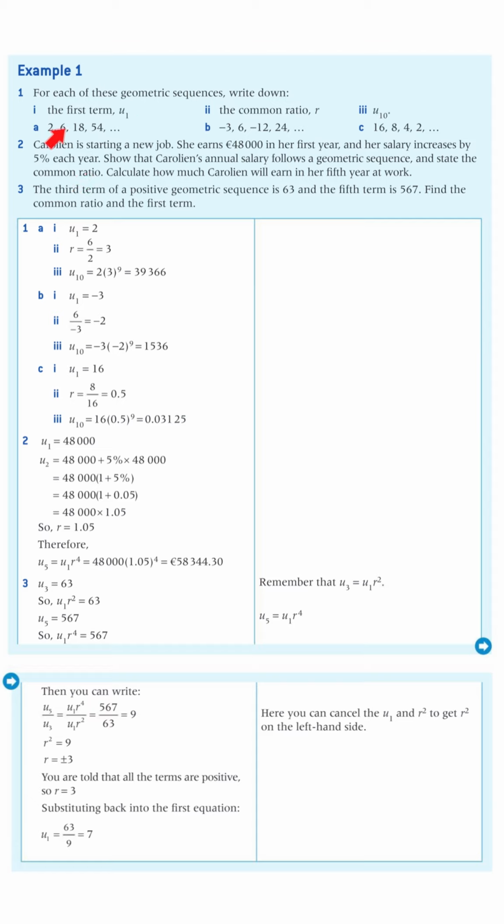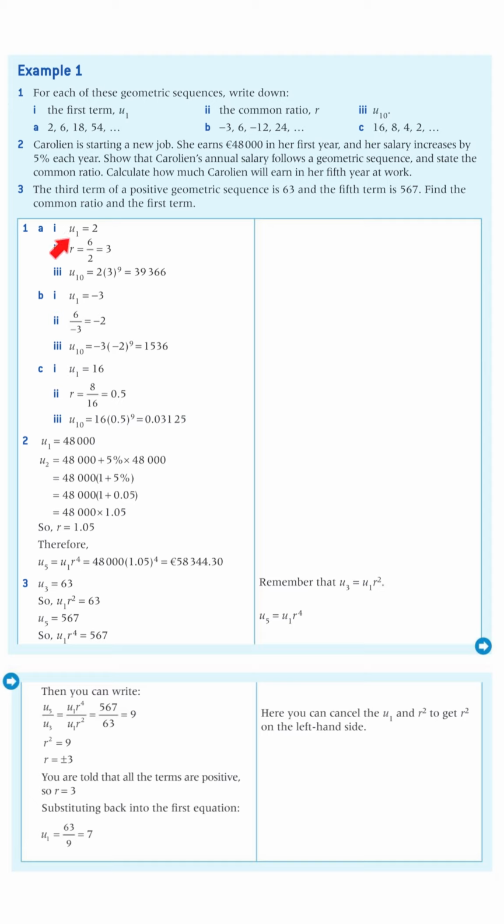So the first one is 6 divided by 2, and that gives us 3. The second one is 6 divided by -3. That gives us a -2. And this is 8 divided by 16, and that gives us a half. Okay, and then we have to find what U10 is.